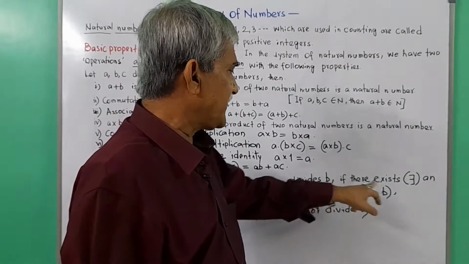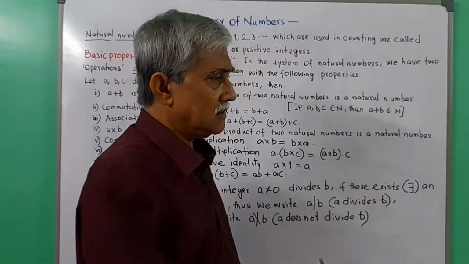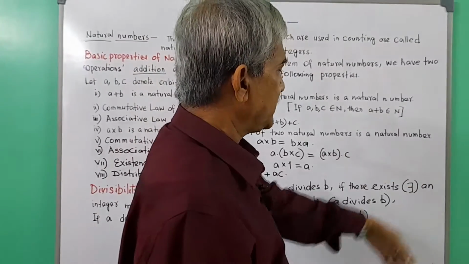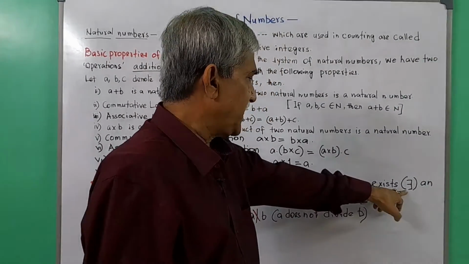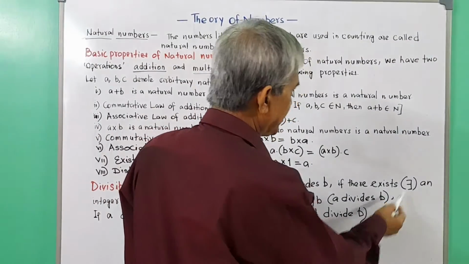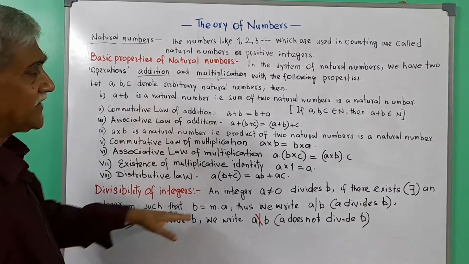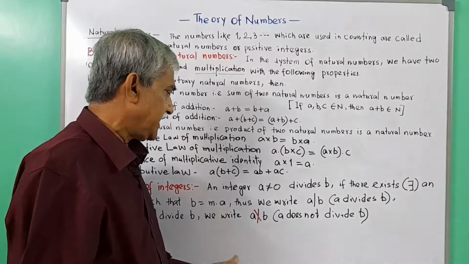An integer A divides B if there exists, this symbol, the mirror image of E, which is called there exists, an integer M such that B is equal to M into A.